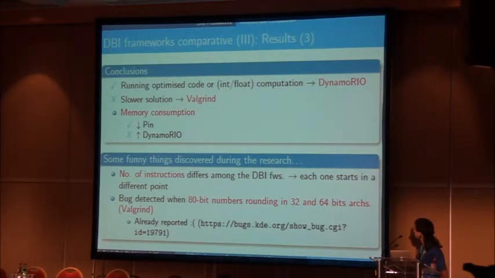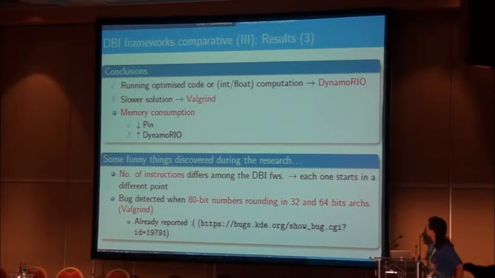Some funny things that we discovered during this research: you think the number of instructions should be the same. You have the same binary, you are counting the instructions, they should be the same, right? Well, they are not. The number of instructions differs among the DBI frameworks, because each one of them starts to instrument at a different point.